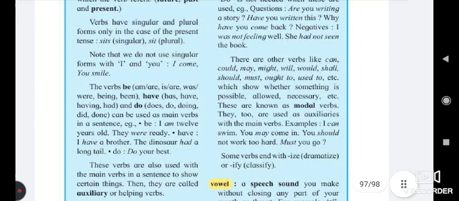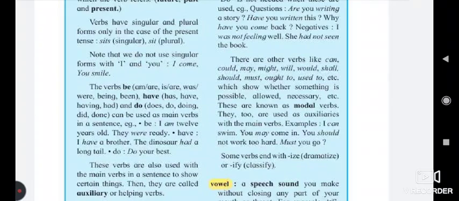Okay. Verbs have a singular and a plural form only in the case of the present tense. Sits is singular, sit is plural. Note that we do not use a singular form with I and you. I come, you smile.